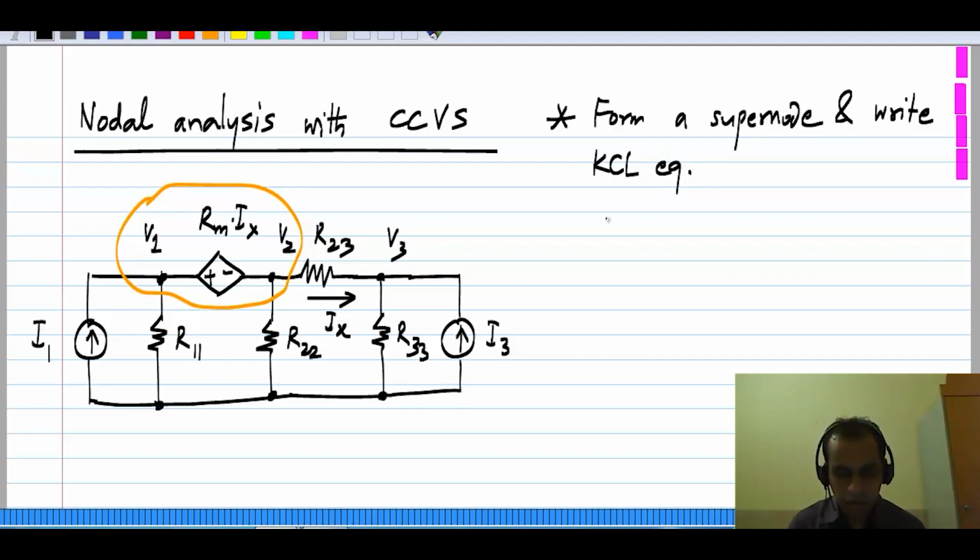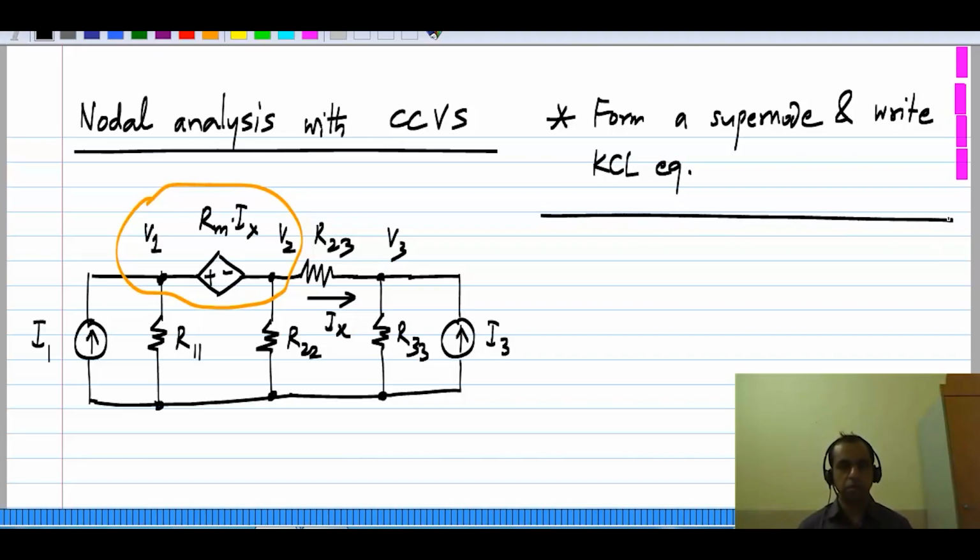Now, because you combine two nodes into a supernode, you have lost one equation, but you have the definition of the voltage source. Okay. So V1 minus V2 is Rm times Ix. Now Ix itself is some unknown, and Ix is the current flowing through this resistor.